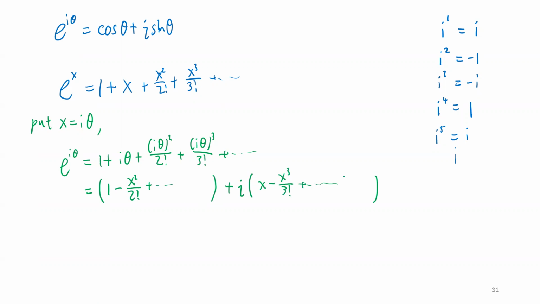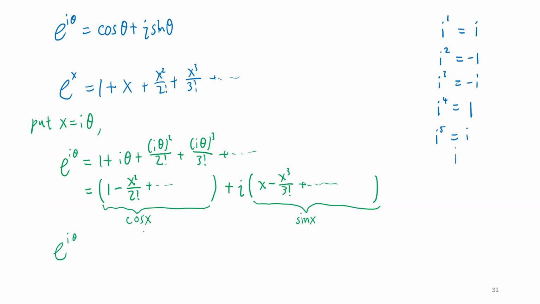So find it like this. Okay. So then you will also realize that this first group is actually the Taylor series of cosine theta, and the second group is the Taylor series for sine theta.